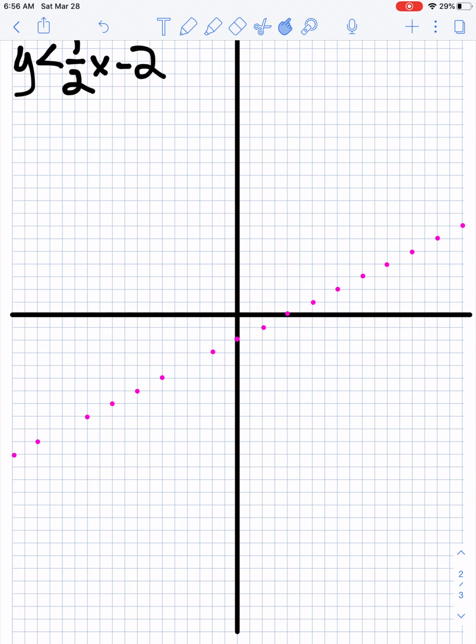So if you remember from the previous video, this is not going to be a solid line when I go to graph. It's going to be a dotted line because of the inequality symbol. Okay. So I'm going to do the best I can to make a dotted line. Probably a little easier for you to take your ruler if you're on paper and make your dotted line.